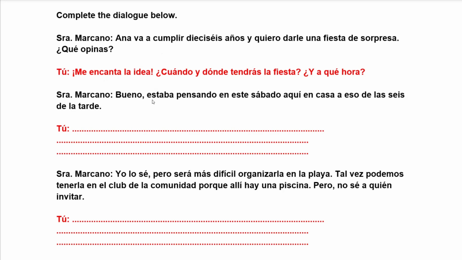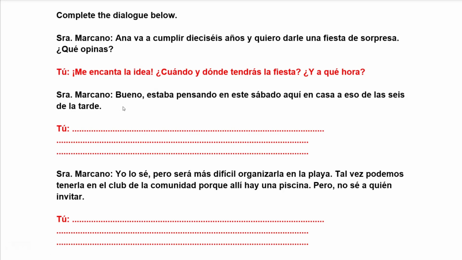Now we need to look at what we need to say next, okay? Which is obviously this blank space here, okay? So remember, you always have to read what is written above and what is written below where you have to give a response so you can have an idea of the kind of response that you need to give.